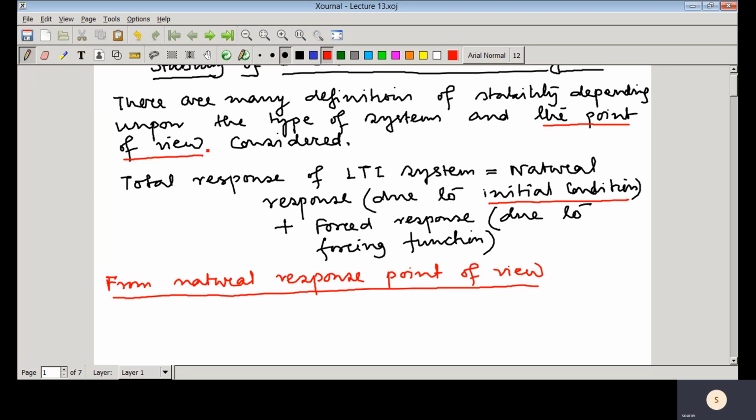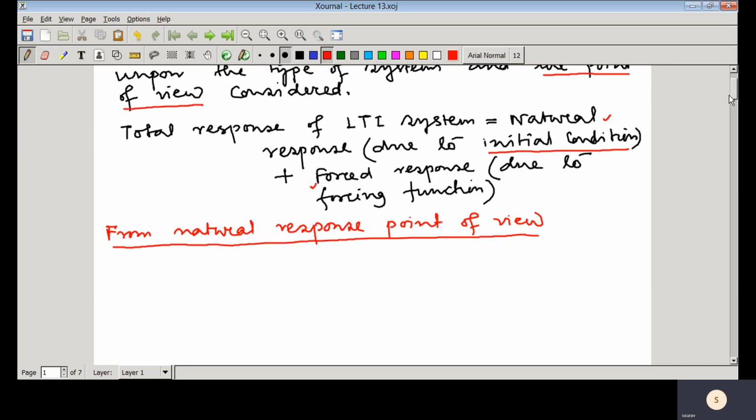Depending on that, we can give different notions of stability. So here first we are considering the natural response point of view, and next we will be considering the forced response point of view. Natural response means external force applied to that system equals 0.